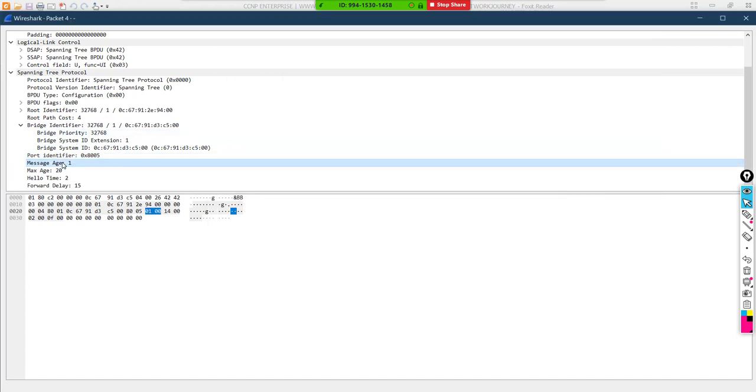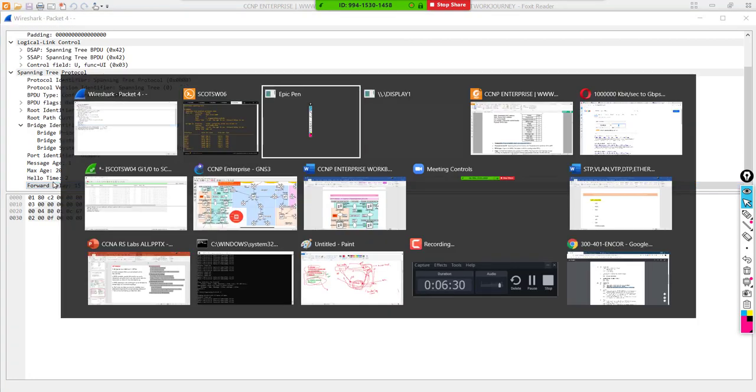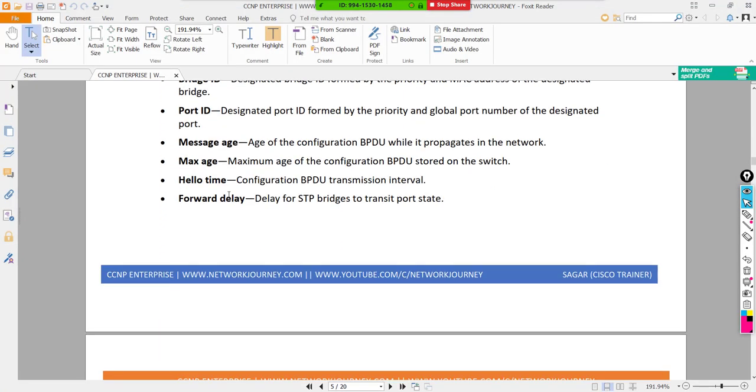We have message age, max age, hello time, and forward delay, which we already discussed. The hold timer is the time interval for BPDUs. The forward delay is nothing but the time from listening to learning to forwarding state.